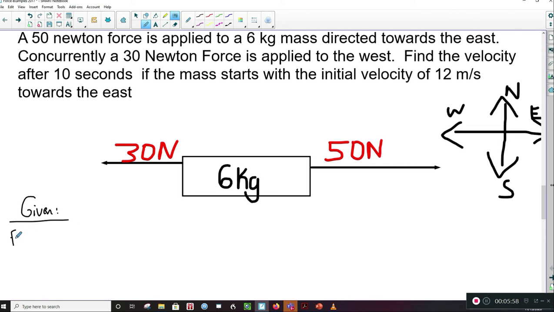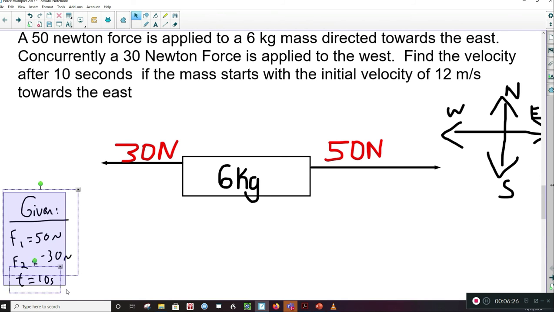So my F1 is 50 newtons. My F2 is negative 30 newtons. And the reason I'm making that negative is because this is positive. Let's see, find the velocity after 10 seconds. So my time is 10 seconds.